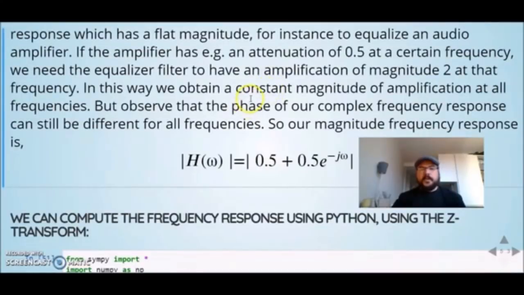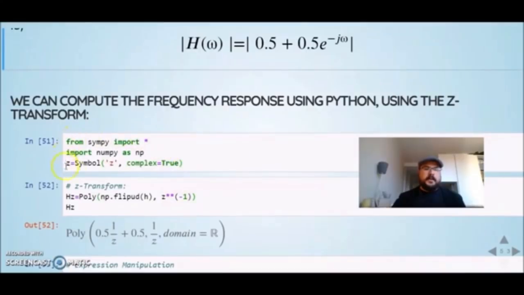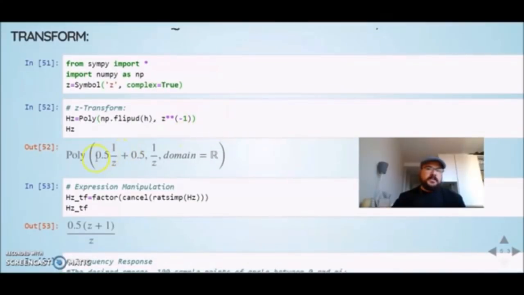So we can compute using Python. So here I'm importing SymPy, defining Z as a symbol. So we'll have the Z transform as a polynomial. So this is what we're doing here. So we usually flip the coefficients of the impulse response, and then we construct a polynomial with Z to the power of -1.